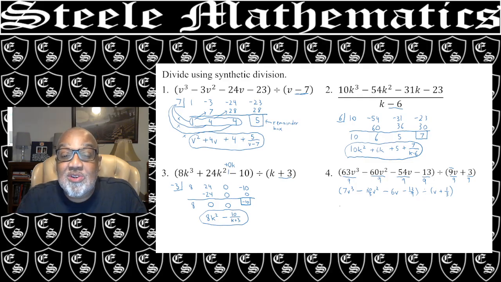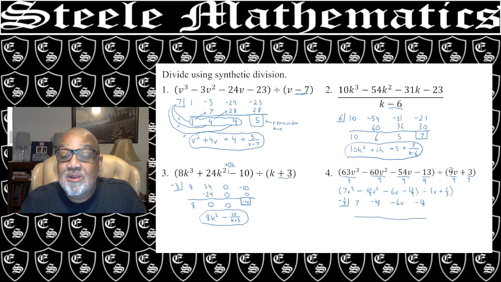So now we can do the synthetic division. What goes in the half box is negative 1/3. On the right of it is 7, negative 20 over 3, negative 6, negative 13 over 9.